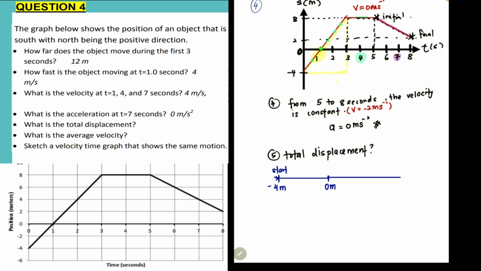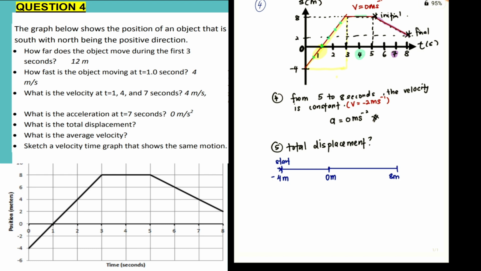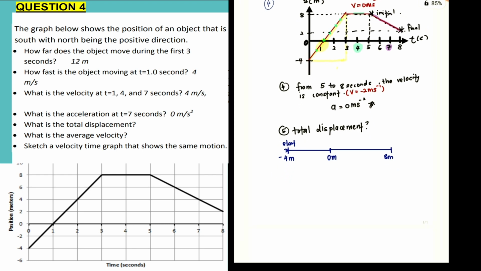So here is 8 meter. Then it stays at 8 meter for 2 seconds. From 3 to 5 seconds, the object stays at 8 meter. So it does not move here, right? So V is equal to 0 meter per second.